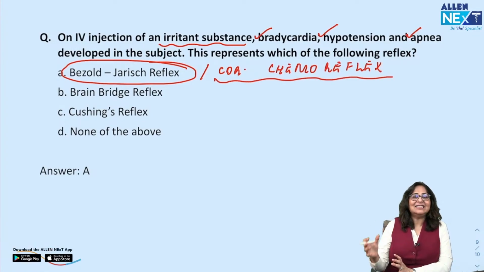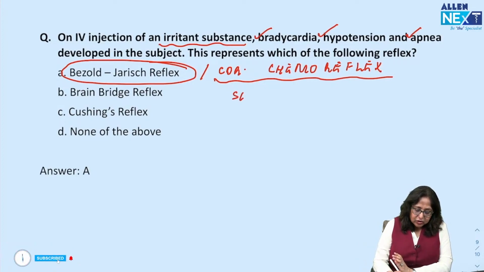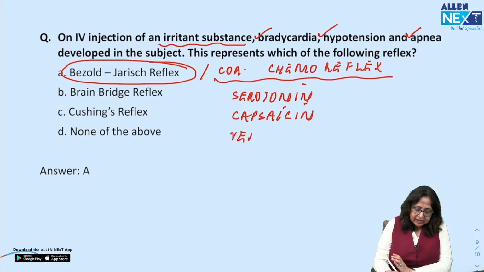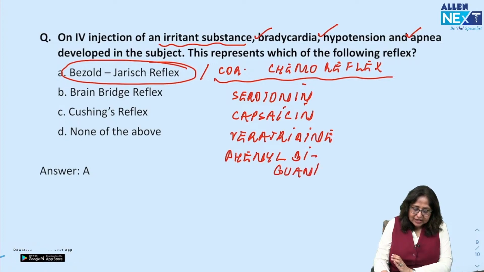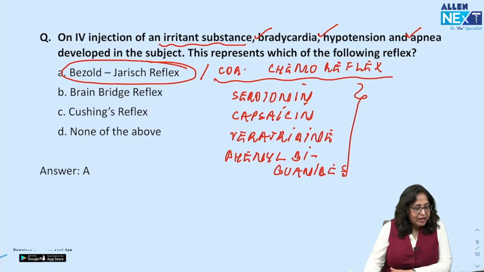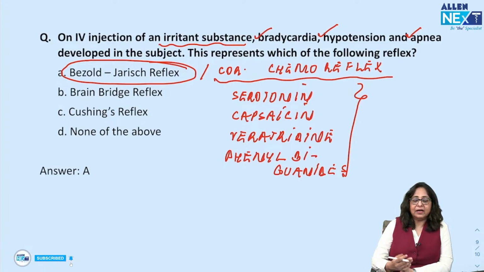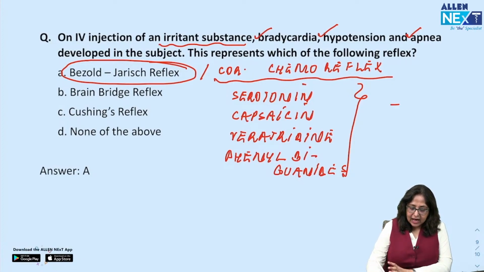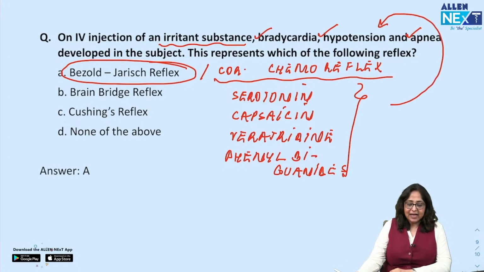Whenever irritant substances such as serotonin, capsaicin, veratridine, phenylbiguanides are injected into the coronary arteries, this will result in hypotension, bradycardia and apnea.